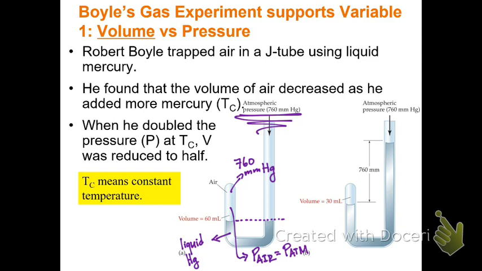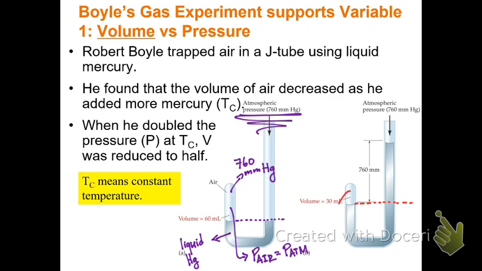Now when Robert increased the pressure, he did so by adding more liquid mercury into the J tube. So he added 760 millimeters of mercury. Now you have this height difference here, which is 760 millimeters of liquid mercury.